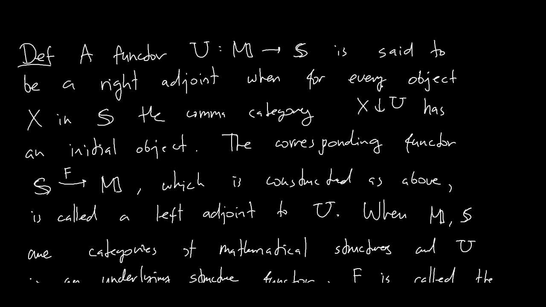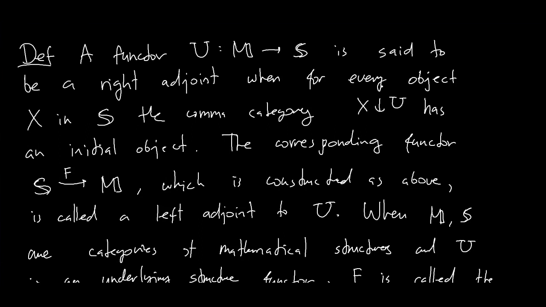That's why sometimes I was mistakenly writing the direction of eta the opposite way. It will then be called epsilon. And so there will be an equivalent dual definition of this definition. If I dualize this definition by taking duals of every category, I will get a definition where right adjoint becomes left adjoint and left adjoint becomes right adjoint.